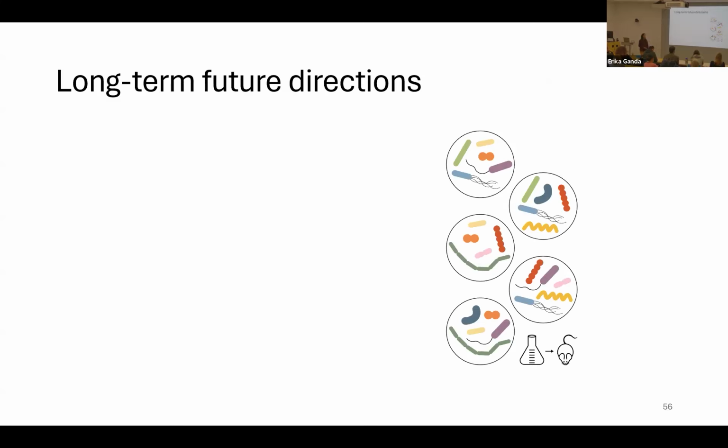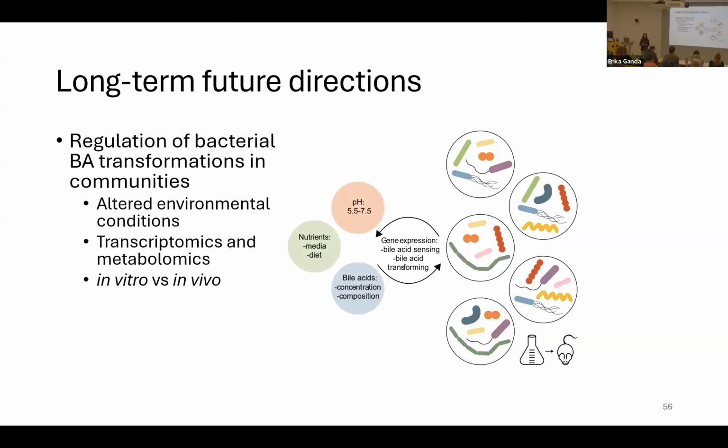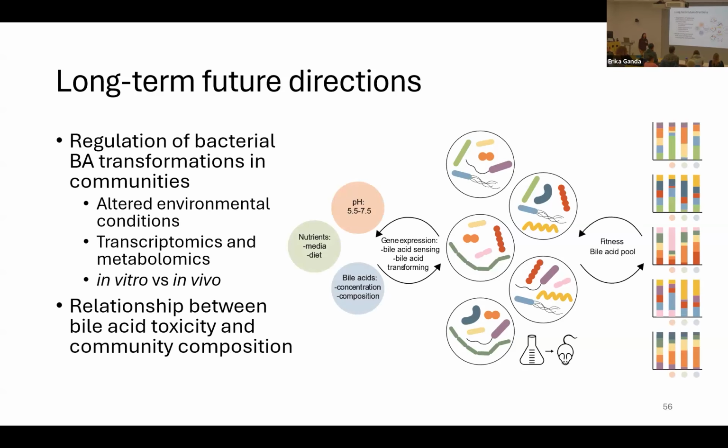So not only increasing the complexity of our communities and moving from both in vitro to in vivo with a complex community, but also manipulating the environmental conditions, such as the nutrient composition in the media, but also the pH can make a difference, as well as the bile acid composition, of course, and the community composition. And I'm also interested in understanding how the bile acid pool shapes the composition of the community and vice versa.